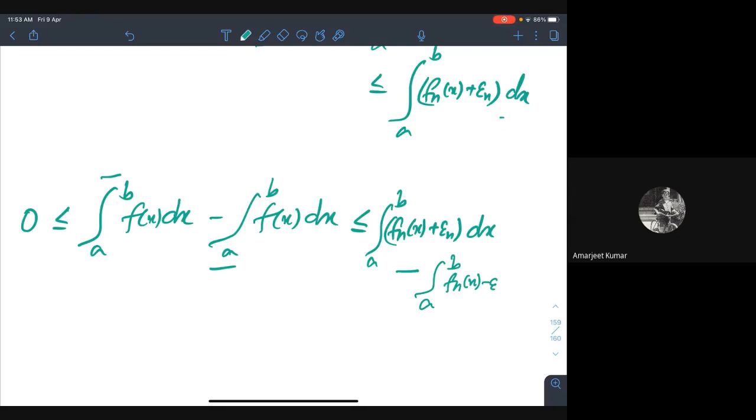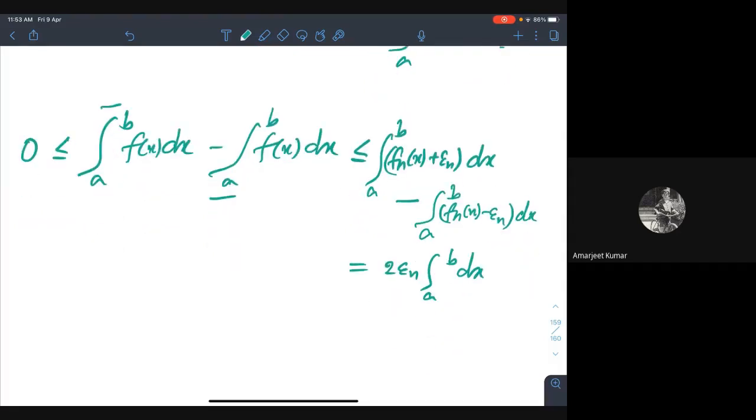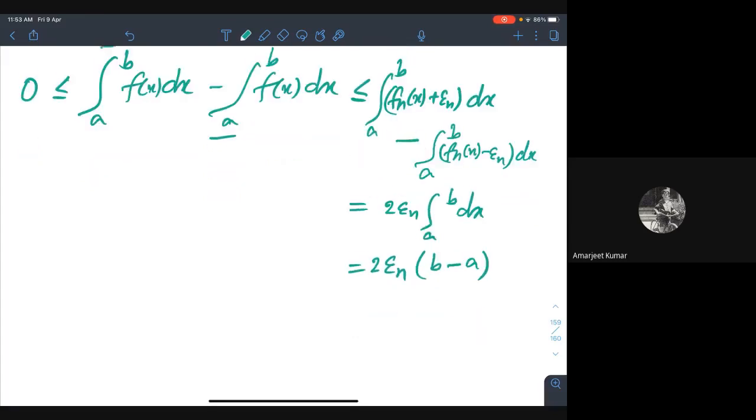What happens? Epsilon n dx. So this side is nothing but 2 epsilon n integration from a to b dx, which is 2 epsilon n times b minus a, right?